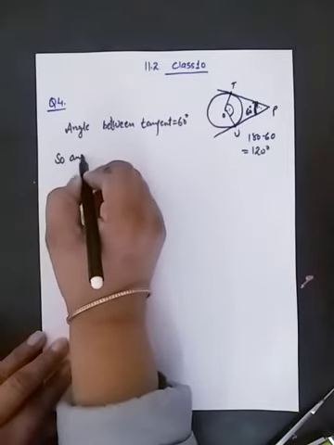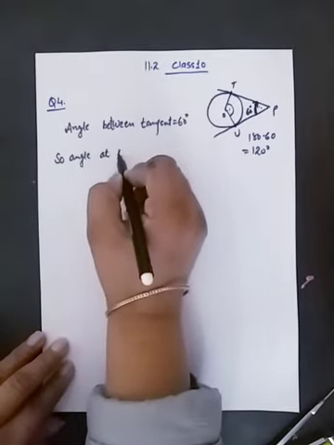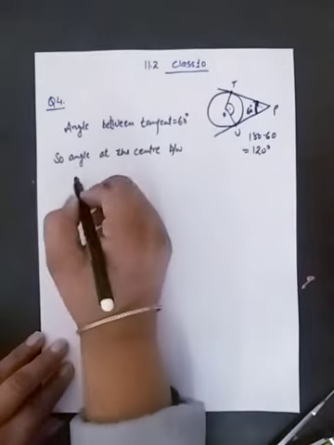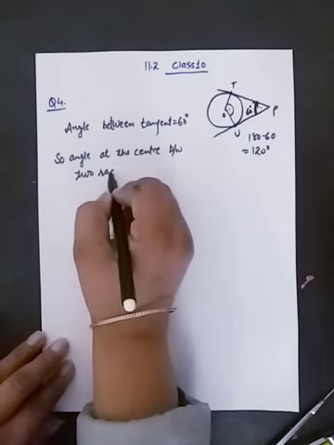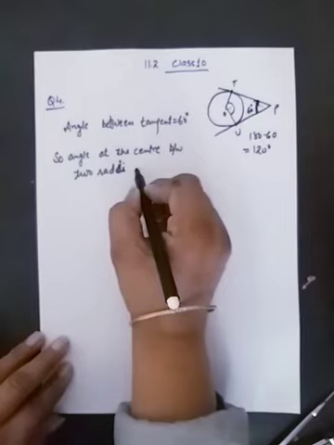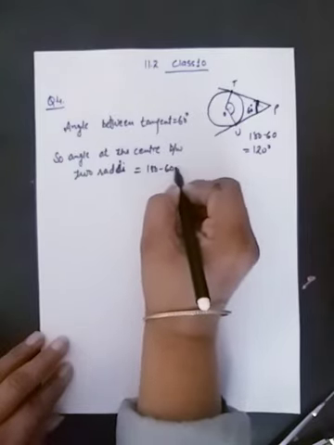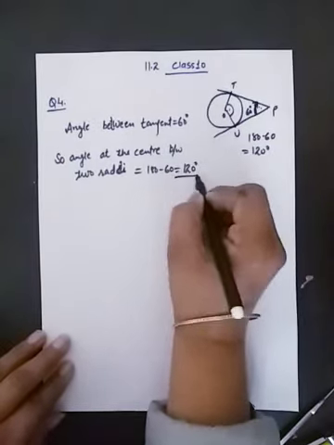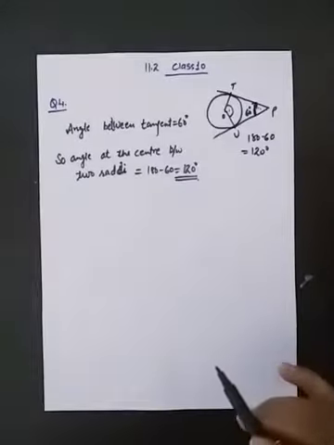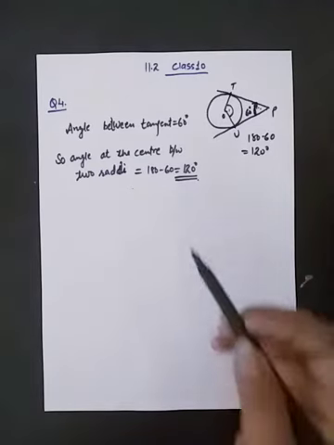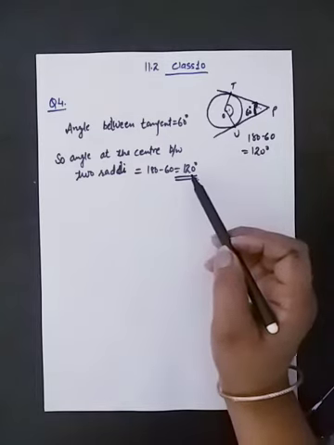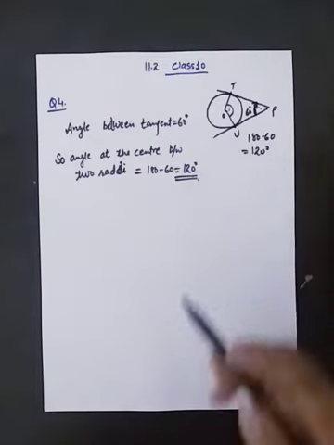So angle at the center between two radii is 180 minus 60 is equal to 120 degree. Meaning इसके construction के लिए हमें जो है वो central का angle मालूम होना चाहिए. If central angle is not given then we will find it. Sometimes ये central angle ही given होता है, so you have to do the construction carefully.